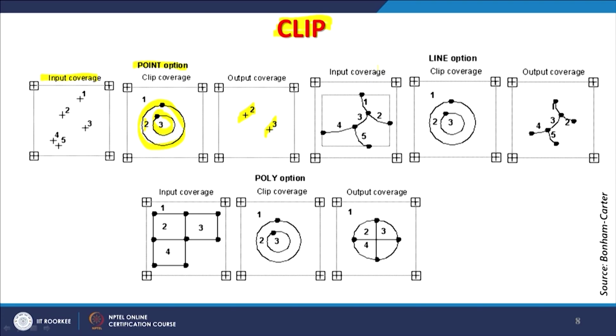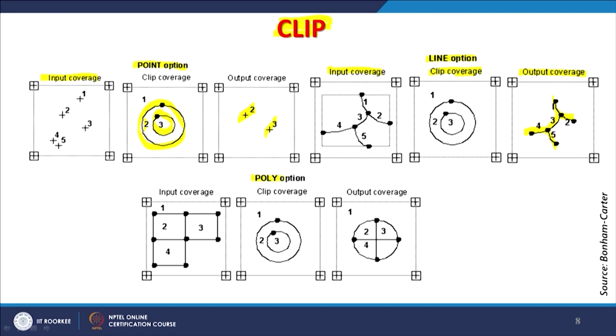Similarly, I might have a line or polyline theme, and this is my input coverage where I have many polylines, and the clip coverage is the same as in case of the point theme. And when I create this intersection, I get this clip or extraction of polylines only for that circular region.